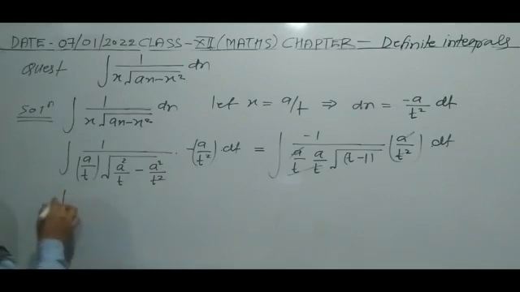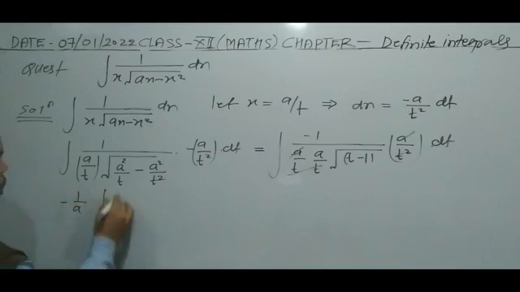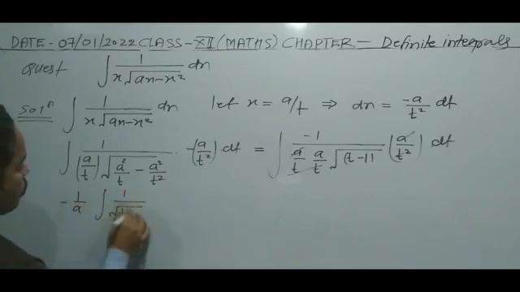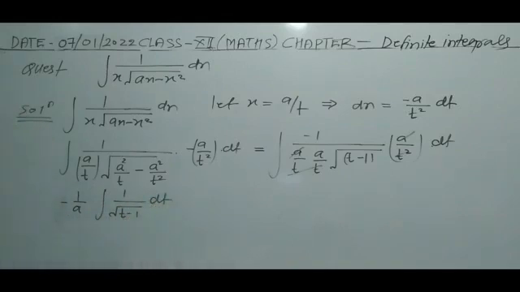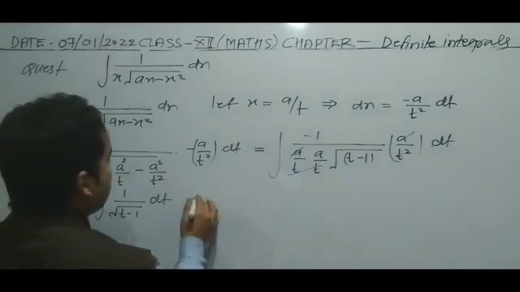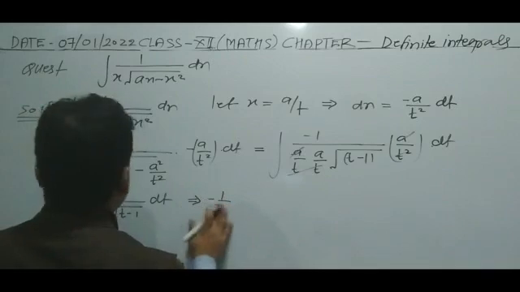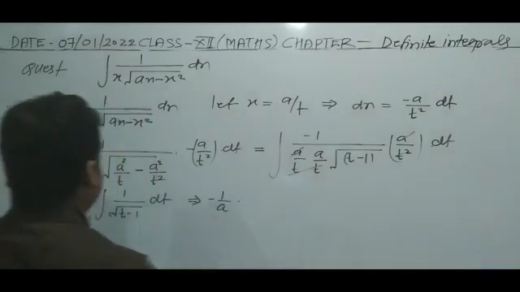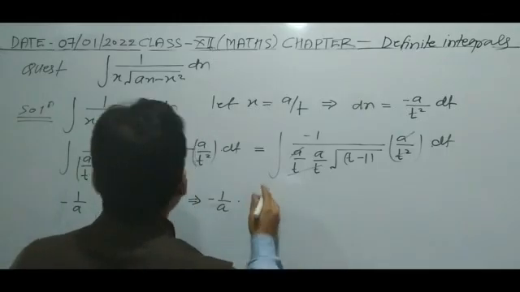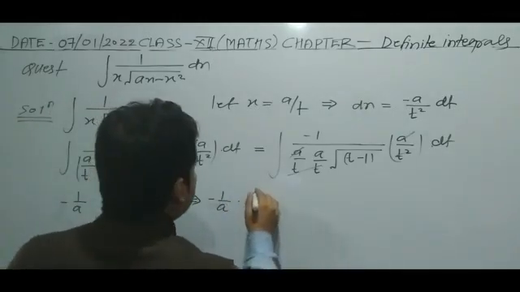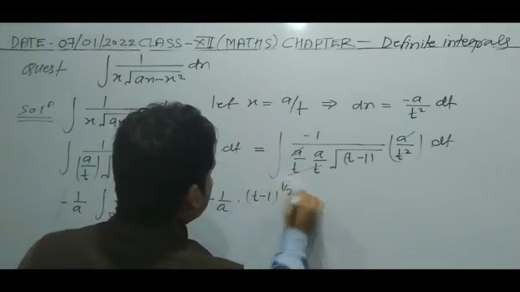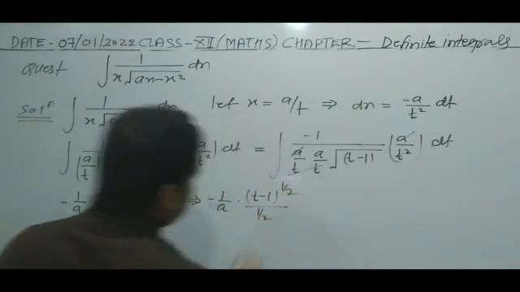Now the integration will be minus 1 upon a, integration of 1 upon root over t minus 1 dt. Now root over t minus 1 we can integrate easily. This result we can write as minus 1 by a, and t to the power minus 1 by 2, so minus 1 by 2 plus 1, the result will be t minus 1 to the whole power 1 by 2 whole upon 1 by 2.